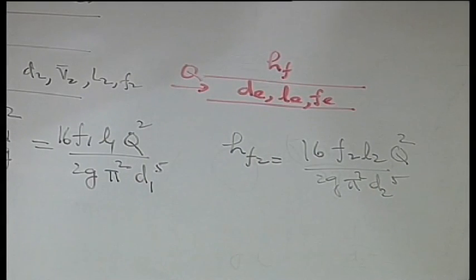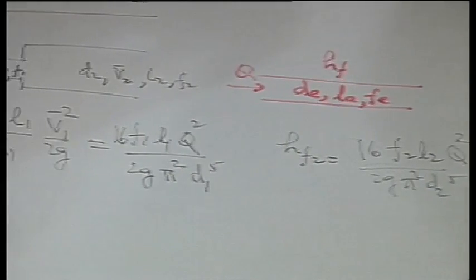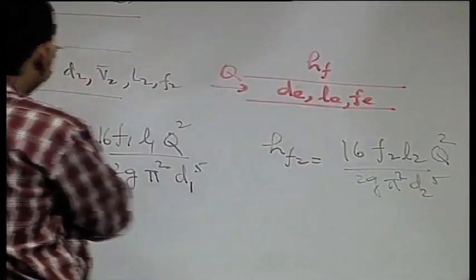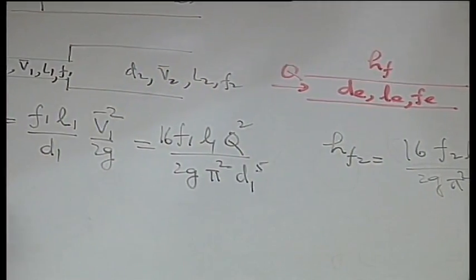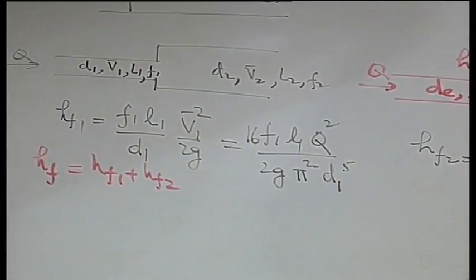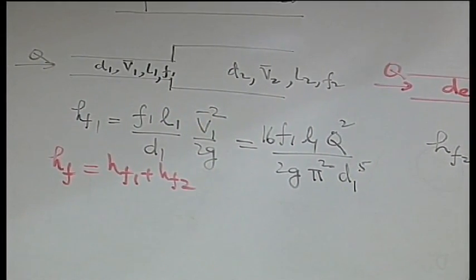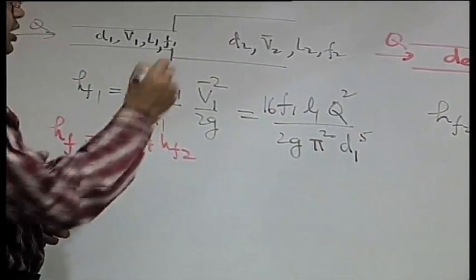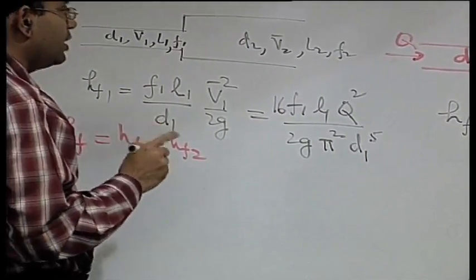So when you have HF as the head loss in this equivalent situation, HF must be equal to the sum of HF1 and HF2. If you write HF for the equivalent pipe, it is a single pipe of length LE.